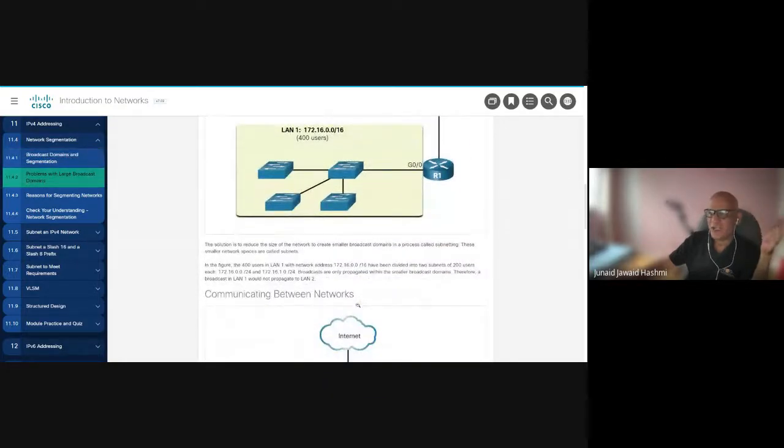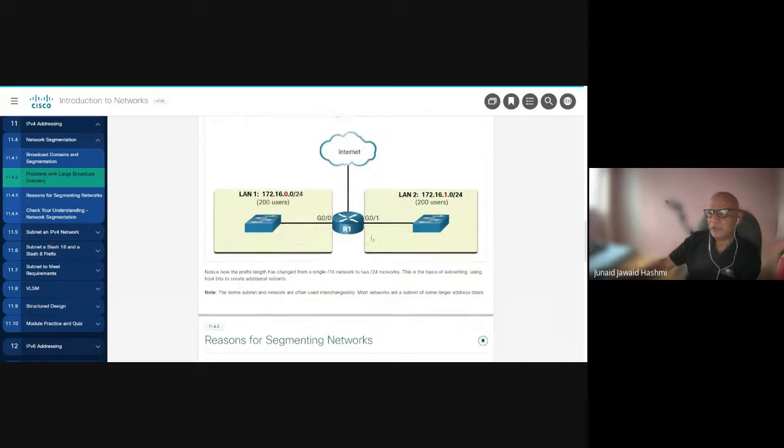When you have a large broadcast domain, you have more traffic on the network, and it's unnecessary traffic. Broadcast is not necessary all the time. So you have to limit the broadcast by segmenting the network. The only device that can limit the broadcast is the router. Switches can minimize the broadcast, but initially they pass the broadcast.